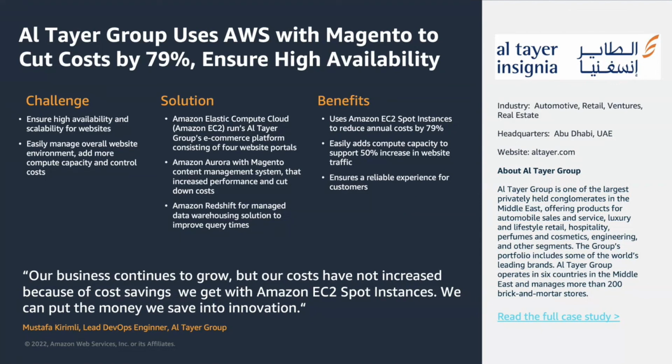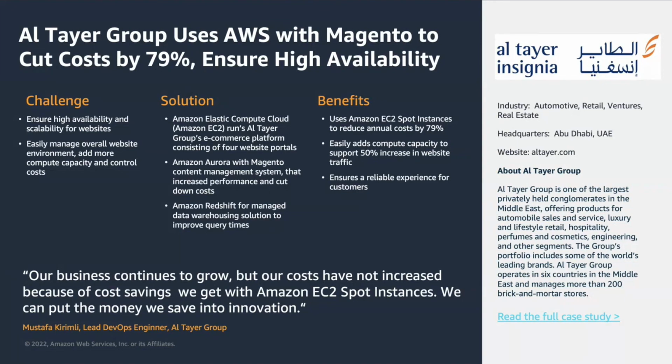So the benefits they were able to experience: because they were able to migrate their self-managed Kubernetes front end and their website in production environment to Amazon EC2 Spot instances, they were able to lower their operational costs by 79%.